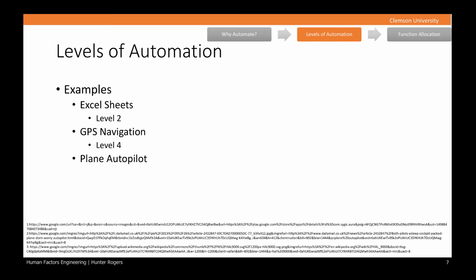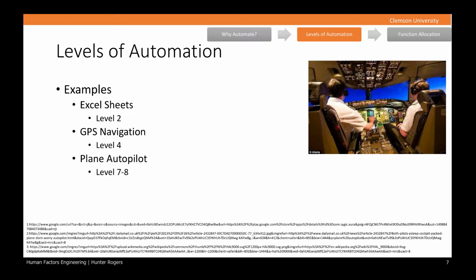Then we have plane autopilot, like setting a course and navigating that. I think that would be on level 7 or 8, where you're setting it to an autopilot, but it makes corrections as needed and really only informs the human if asked, or after an action is completed.